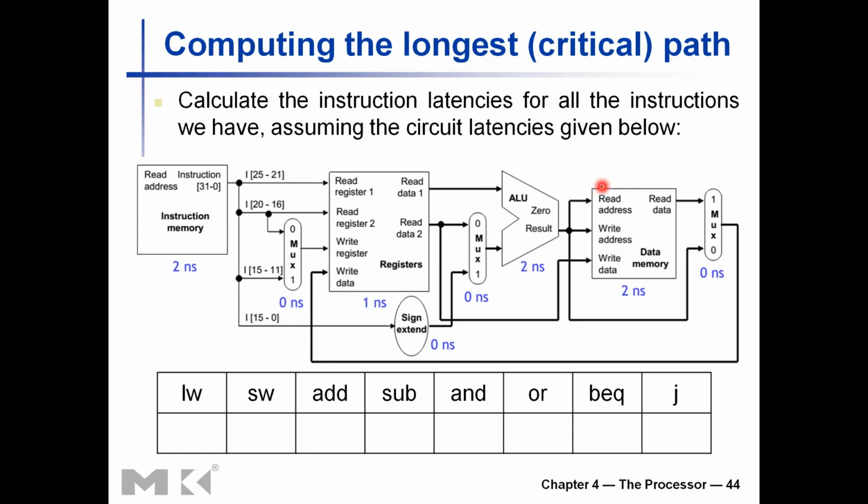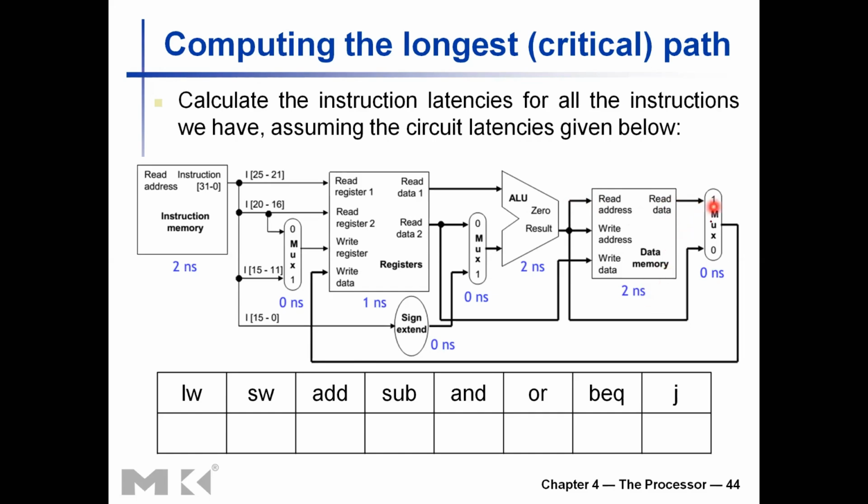Then for the data memory, let's assume reading from the data memory will also take around 2 nanoseconds. So for a load word instruction, the moment we update the address lines here and the read control signal is asserted, for the data to appear here will take 2 nanoseconds.